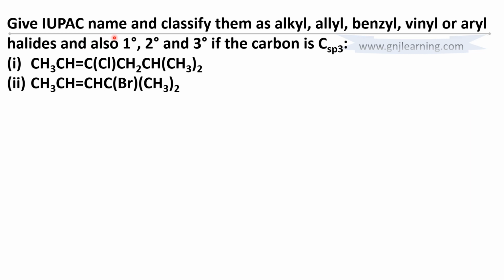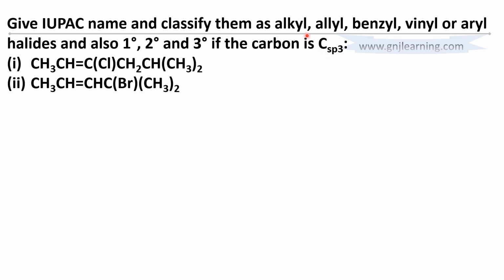Give IUPAC name. So I can see a double bond here, so it's a haloalkene, and classify them as alkyl, allyl, benzyl, vinyl and aryl halides. So the only thing is that I have to classify them, and also as primary, secondary and tertiary if the carbon is sp3.